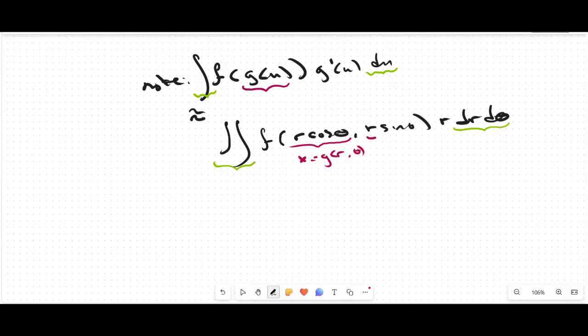And well, now we're in two dimensions, so we need another function for y. Y is also some function of r and theta. So in one dimension, we plug in a function of u. The integral gets to be an integral in u now, and we never forget this g prime term here in u substitution. And here, look, it's the same thing.